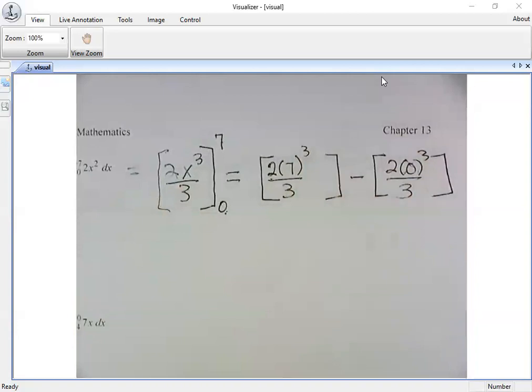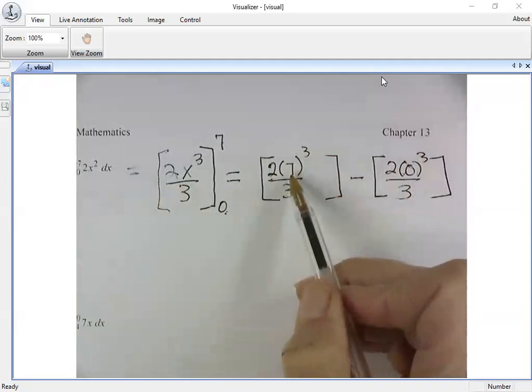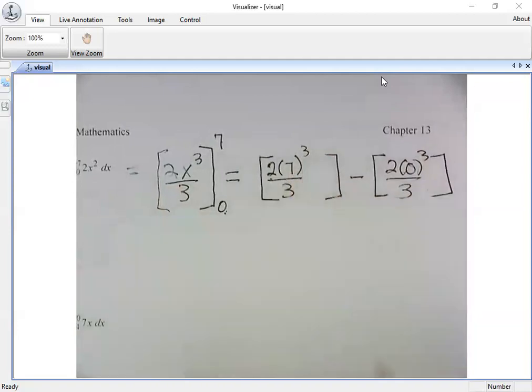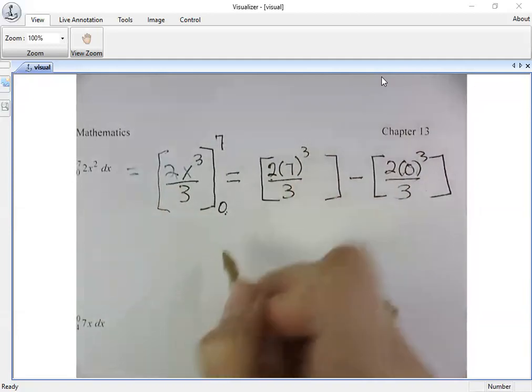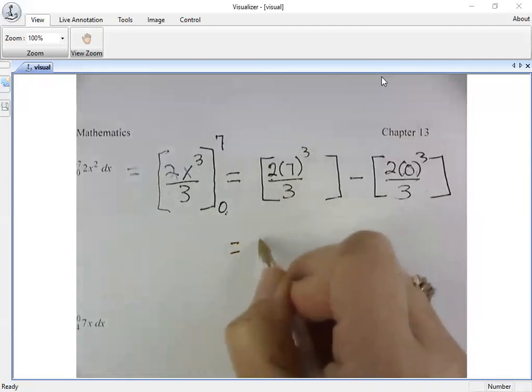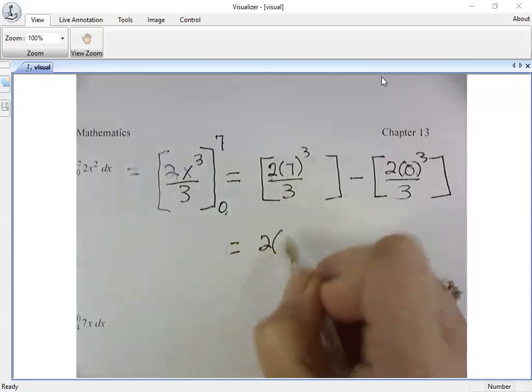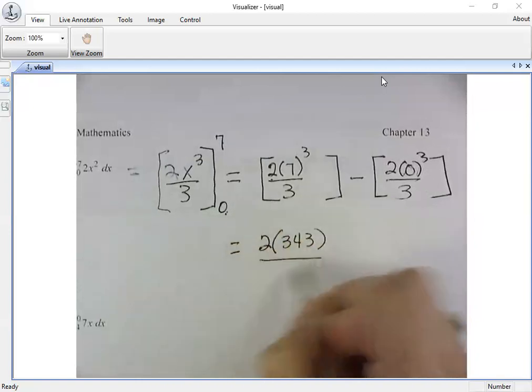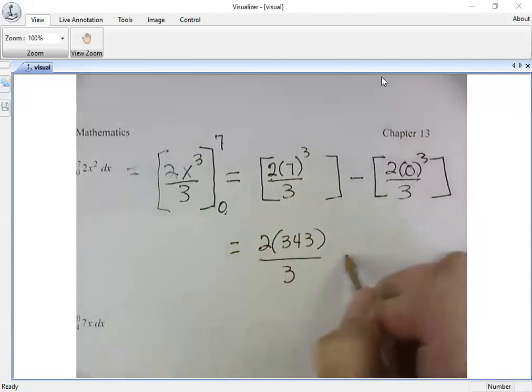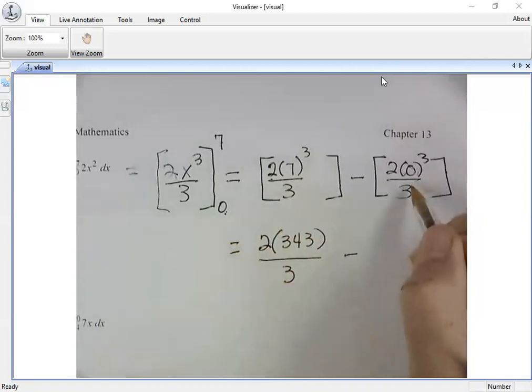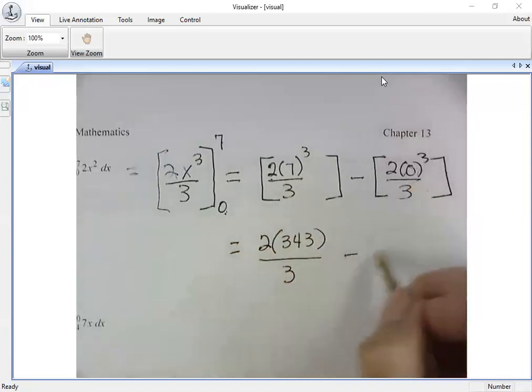Now all I've got to do is clean up. If I take 7 to the 3rd power, what does that equal? You guys getting 343? Yeah. And what's 0 times anything? 0.